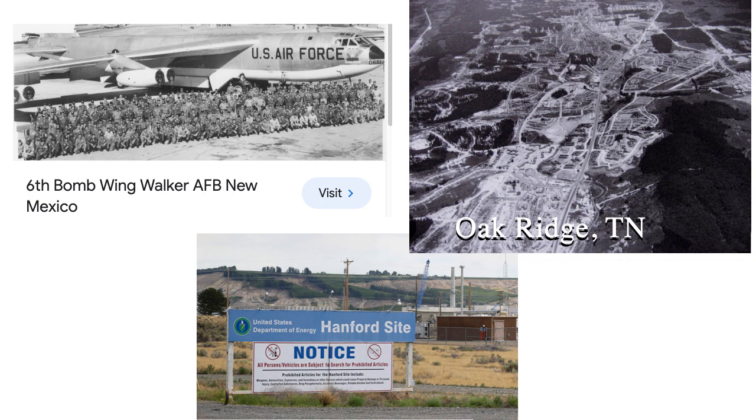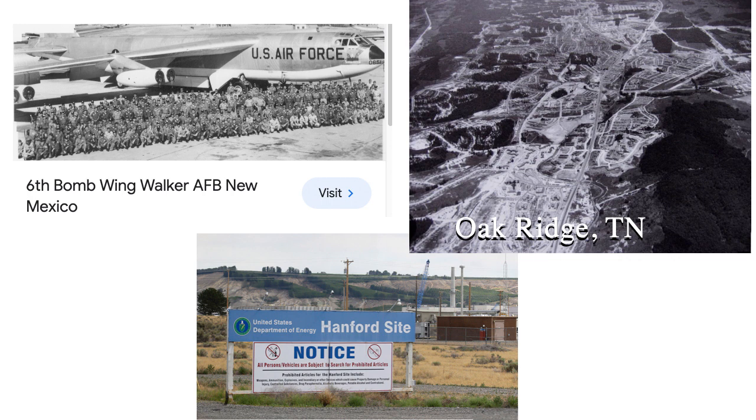Hanford, Washington was where there was the largest nuclear waste repository in the United States. And then, of course, what iconic ET event, Roswell, New Mexico, where the only nuclear-equipped strategic bomb wing in the U.S. Air Force was located, the 509th.